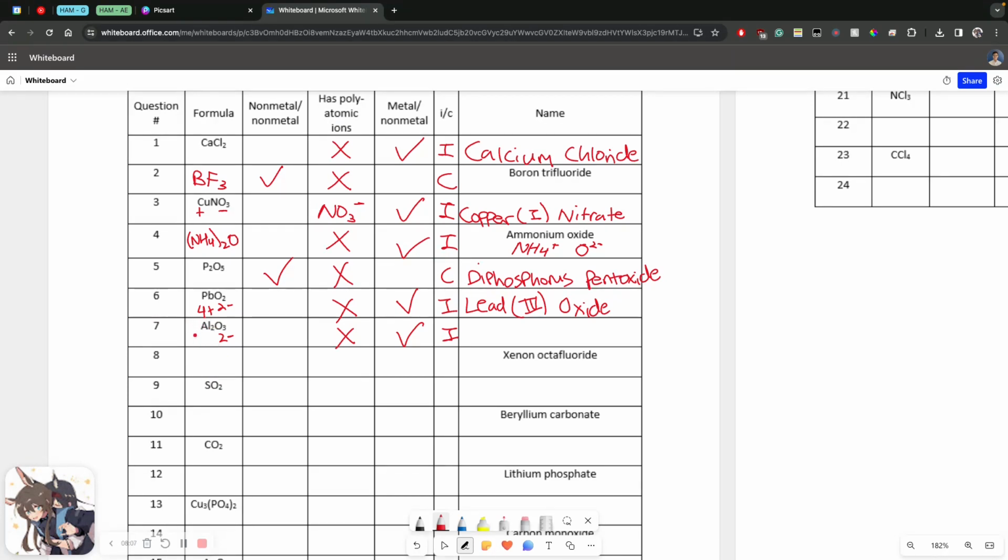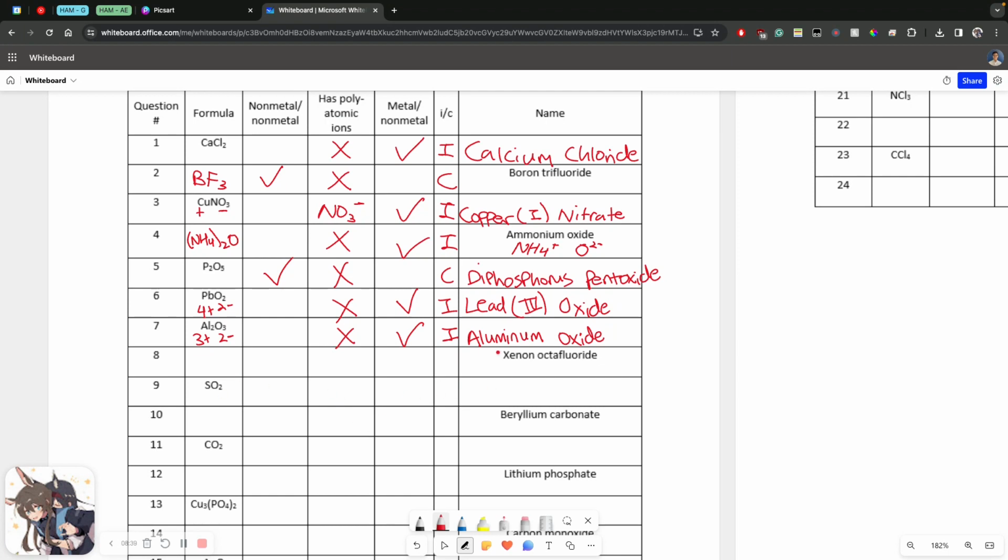So each aluminum holds a 3 plus charge. So based on this information, we know that this is indeed a net zero charge. But in this case, aluminum has a given charge, which is in the boron group of the periodic table. So we do not need to put the parentheses. So instead, we will just write aluminum oxide.